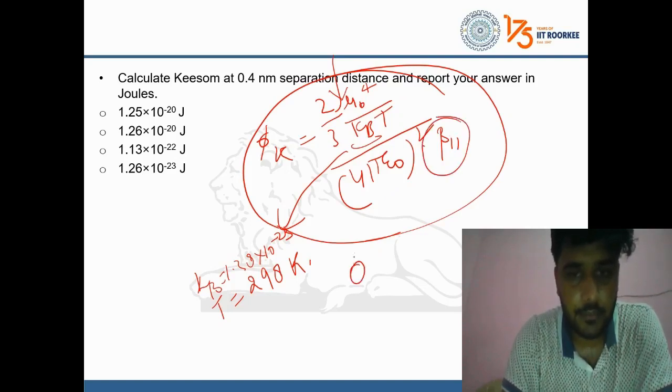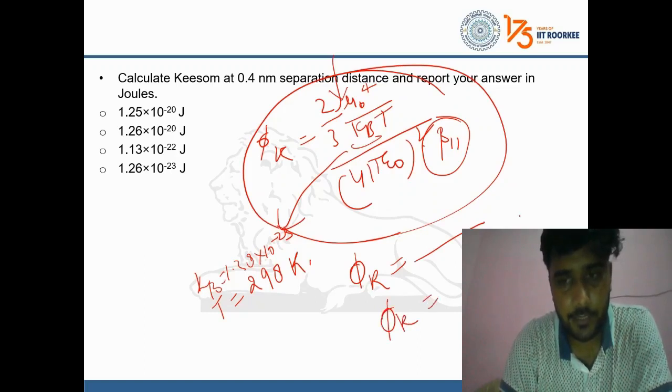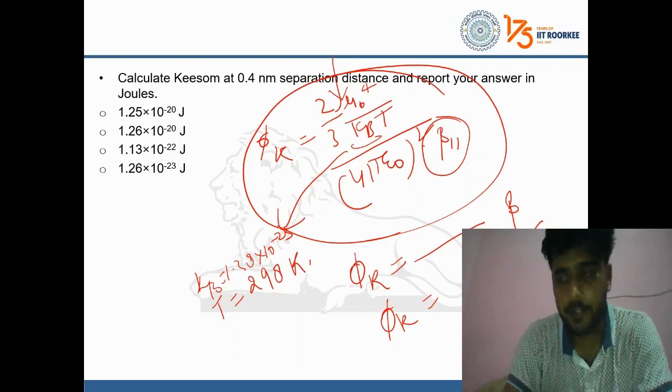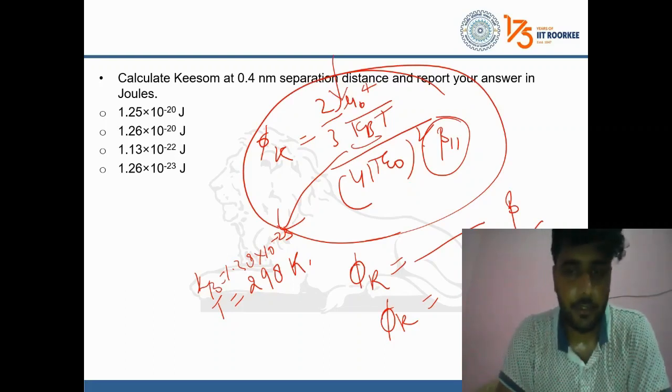Okay, so you will calculate the contribution due to the Keesom interaction, and after that you have to just multiply the answer by beta and divide by x6. Okay, so you will get the value accordingly.